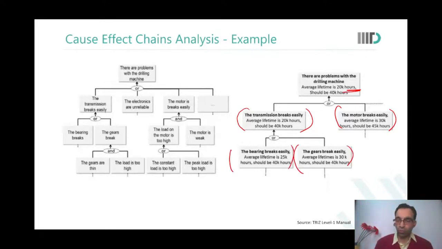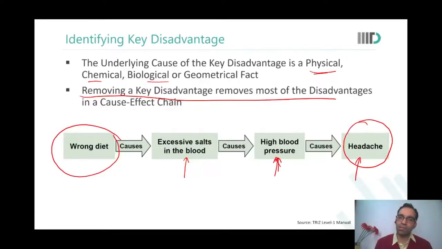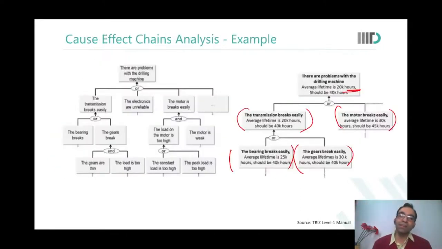So what we looked at in the previous slide was a simple case. Over here, we are looking at a slightly more complex case where you are actually working on your exact problem set and trying to solve how to handle it. For example, if you come down across this chain, you will see they are talking about the load, the gears are thin, because of which the gears break.